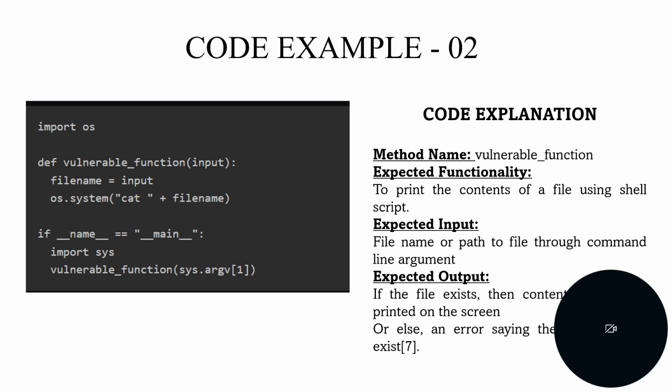Moving on to the second code example, in this Python example, we use a function which is printing the contents of a file, and the file name is input through the console. So this method uses shell commands to print the contents of the file.